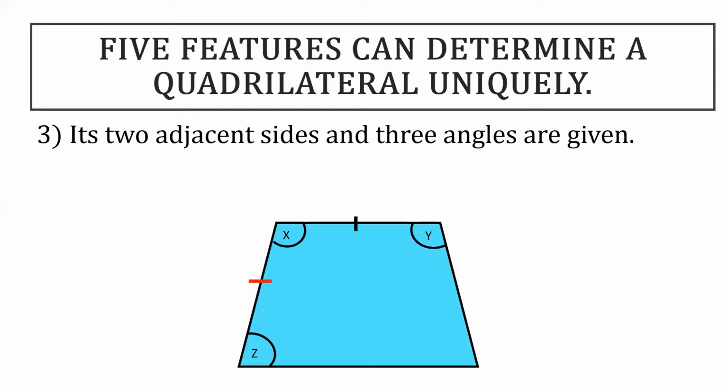Third, its 2 adjacent sides and 3 angles are given. So in this case, the measurements of 3 angles will be known to you and the measurements of 2 adjacent sides will be given to you so that we can construct a quadrilateral.